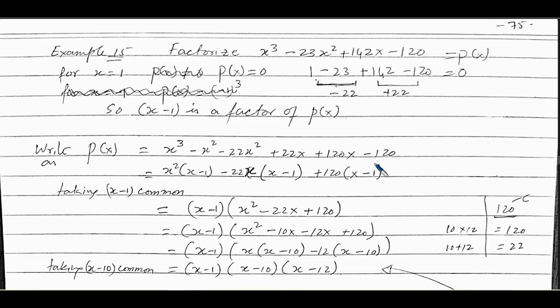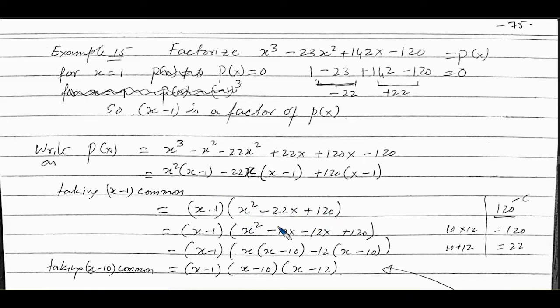So write this polynomial in terms of this factor x minus 1. It is very easy to see here. If you write x minus 1, for this it has to be x square. Then x square into minus 1 is minus x square. Similarly, you can understand it very easily. Taking x minus 1 common, I have x square minus 22x plus 120.